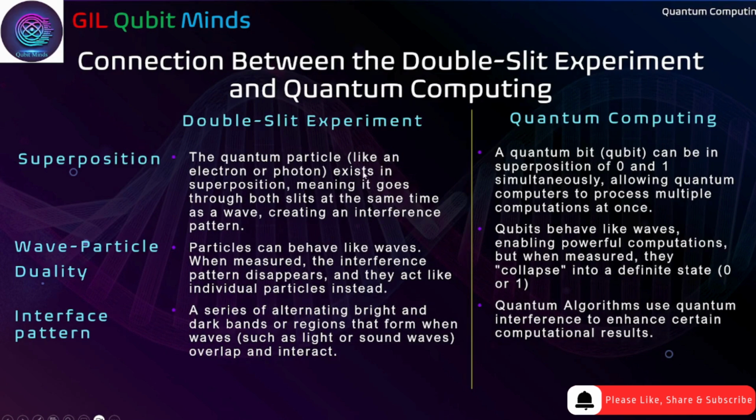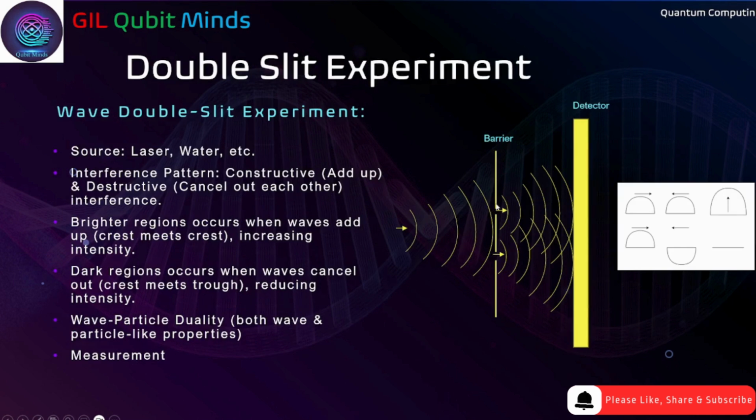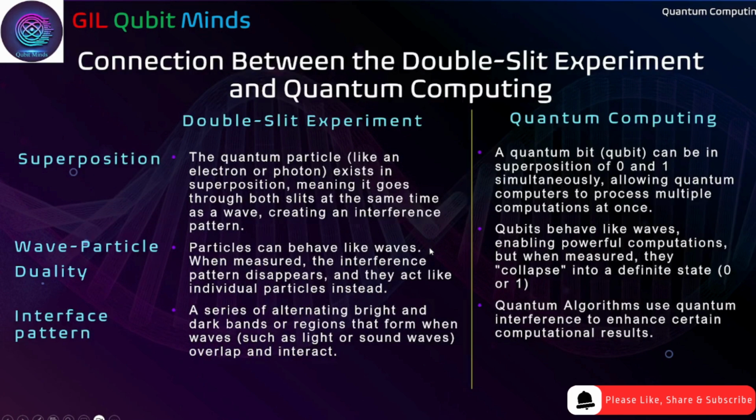So here, when these two slits, when they are crossing here, we are taking it as a superposition. If we consider a quantum computer, both the bits have the same probability here. We call it a superposition.